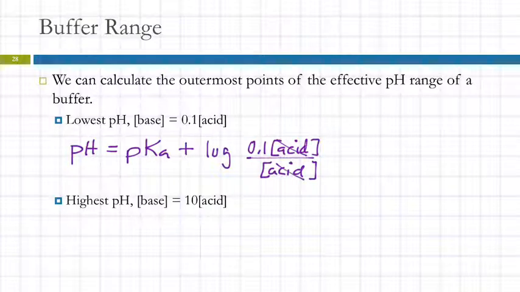Those cancel out. And so we get pKa plus 1. No, minus 1. Guess what's going to happen with the high pH range?